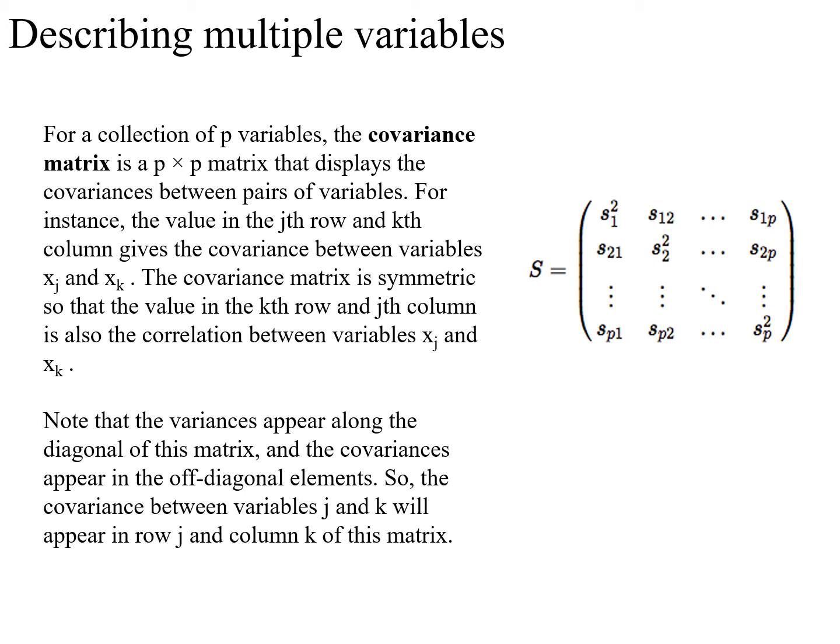And the covariance matrix is symmetric, so the value in the kth row and the jth column is also the covariance between variables xj and xk. Along the diagonal of this matrix, we're going to have the covariance between each variable and itself. And as I said before, that reduces to the variance of the variable itself, with the covariances in the off-diagonal elements of the matrix.